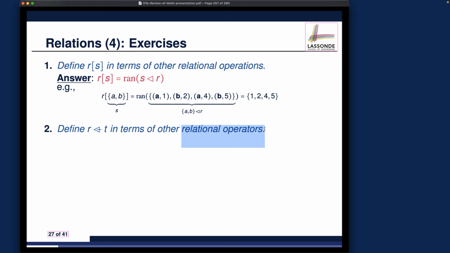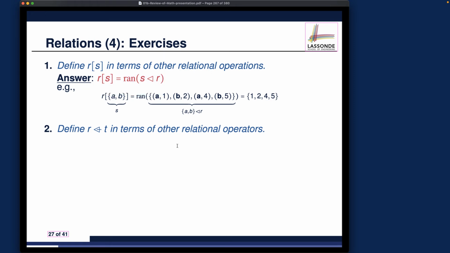And this one, I will really encourage you to think a little bit harder about this. I think the ultimate answer that you're going to see will definitely give you more new insight about the overriding operator. And no hints. The way you solve it will be very similar to how you came up with the answer for the relational image, right?